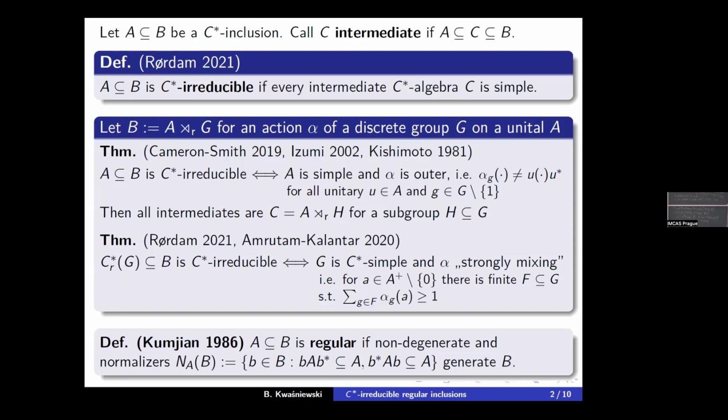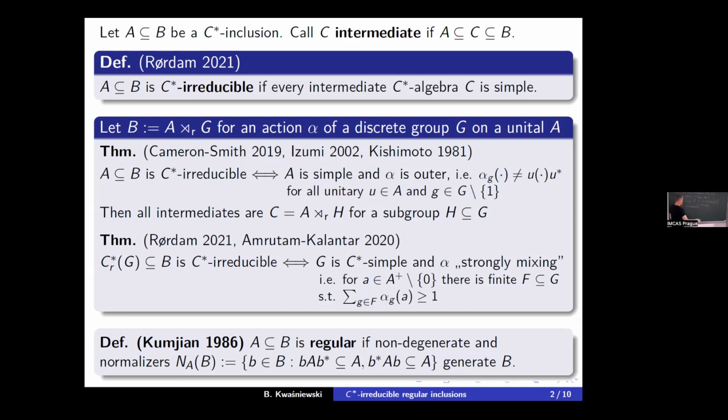I also add this non-degeneracy condition to this definition. In some cases it is automatic, sometimes it is not. When A is unital, non-degeneracy means just that B is unital and the unit is the same. But in general, this is non-degenerate.